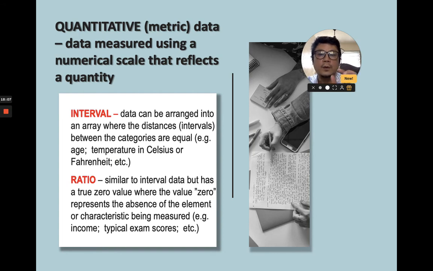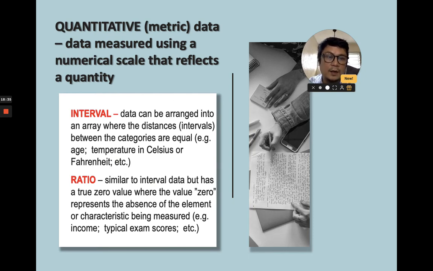When we say that the categories are equal, that means the difference between a 26-year-old and a 25-year-old is exactly the same as the difference between a 100-year-old person and a 99-year-old person. The interval of 1 year is the same. They're all 365 days in a year, and we will forget about leap year for our purposes.